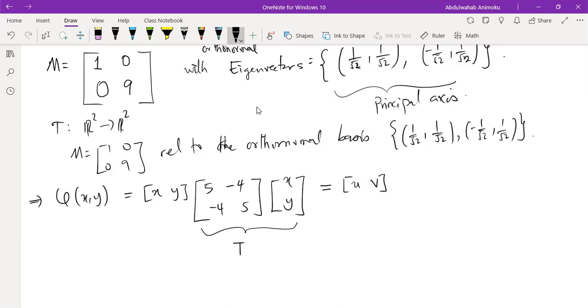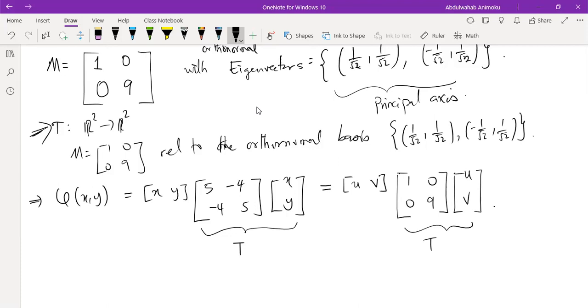So the transformation is now this one. So in terms of uv, the matrix of transformation will now be the diagonal one with the same vector. So we've just switched things around. Instead of working with xy coordinates, we have changed it to uv coordinates, where this would be the new matrix for this transformation.